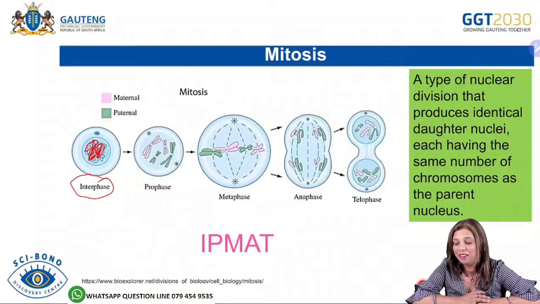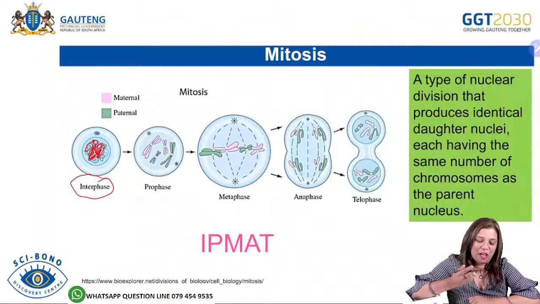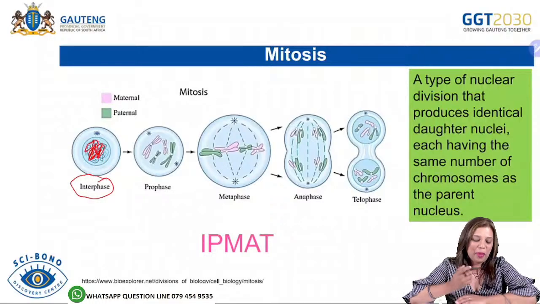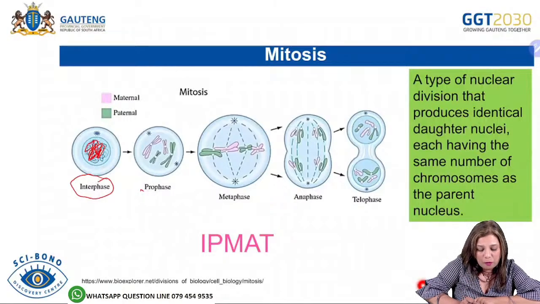Am I right, grade 12s? Right, DNA replication. We're going to touch on this very briefly because I know you know your grade 10 work. So in interphase, the chromatin network is there, the DNA replicates itself, and then we move on to the next phase, which is prophase.